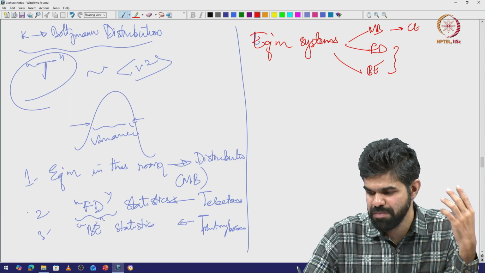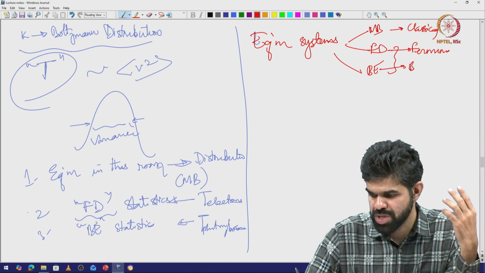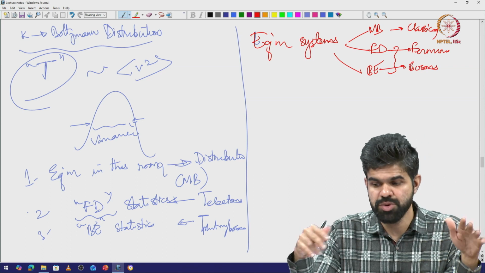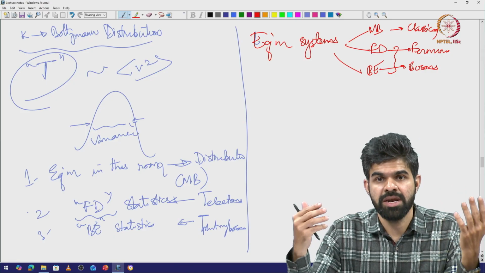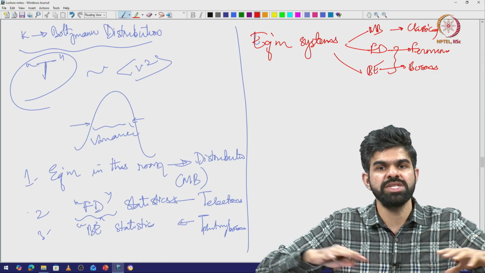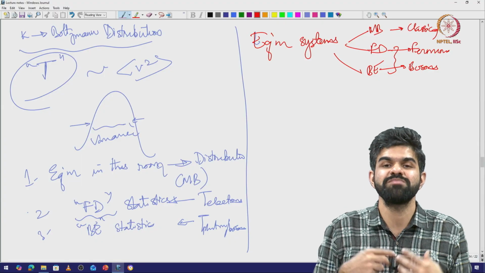These are for classical particles, these are for fermions, also quantum particles, and these are for bosons. Okay. So if my particle distribution is one of these three distributions, in a room or wherever these particles are, then I say that all right, these electrons are in equilibrium with each other, right. So that is the definition of equilibrium from statistical mechanics.